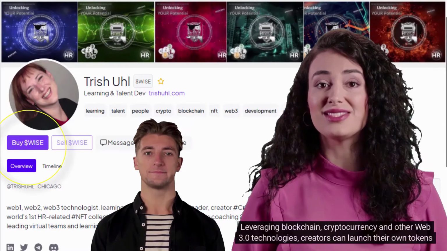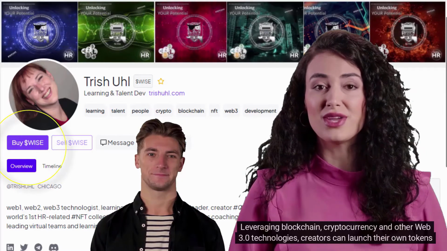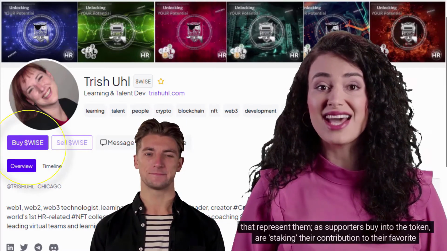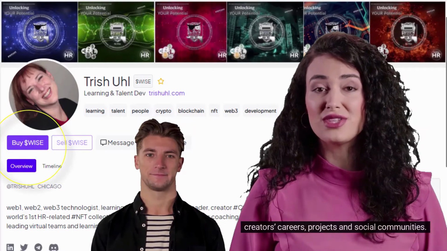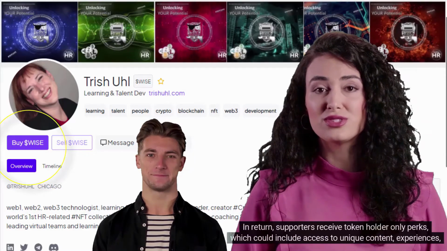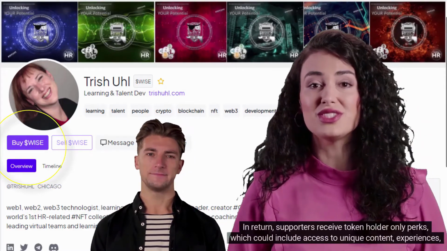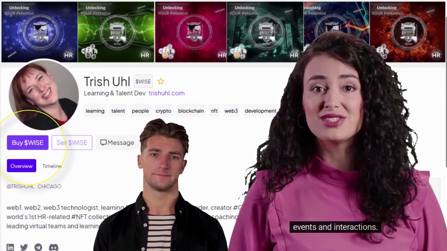Leveraging blockchain, cryptocurrency, and other Web 3.0 technologies, creators can launch their own tokens that represent them. As supporters buy into the token, they are staking their contribution to their favorite creators' careers, projects, and social communities. In return, supporters receive token holder-only perks, which could include access to unique content, experiences, events, and interactions.